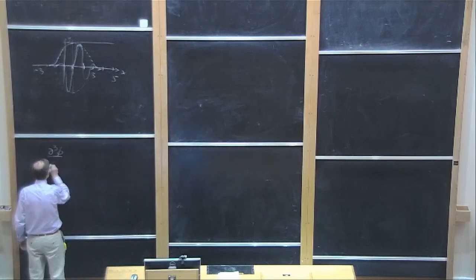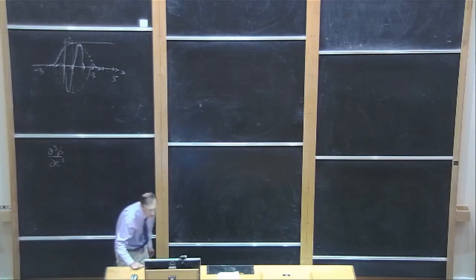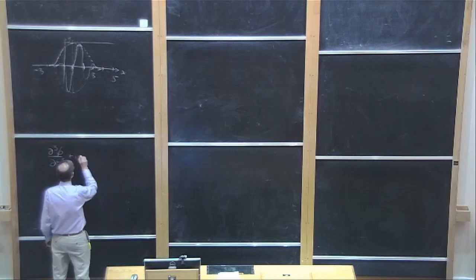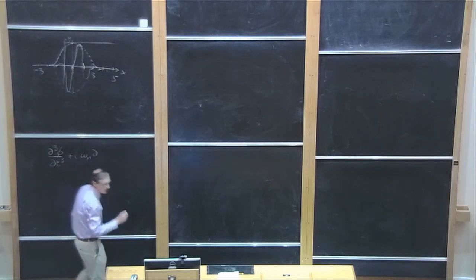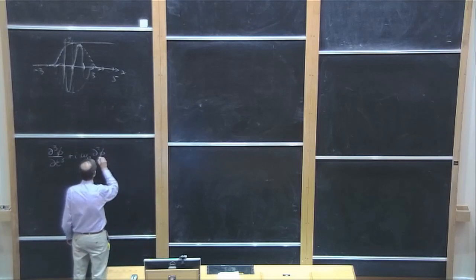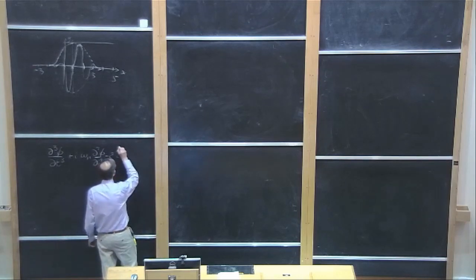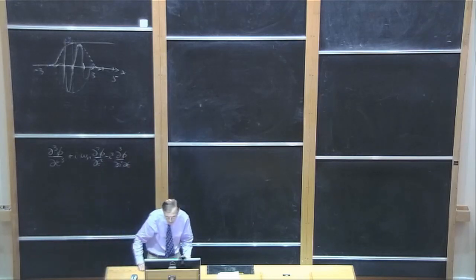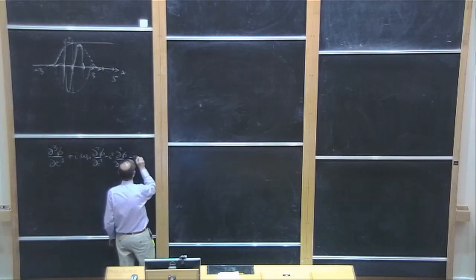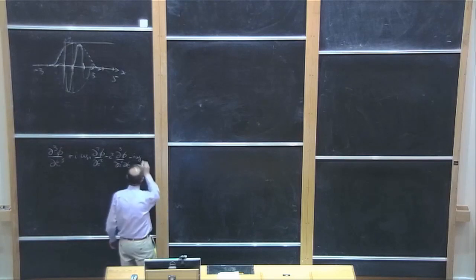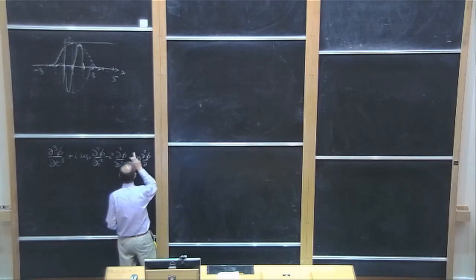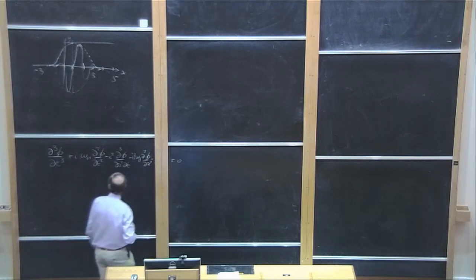d3 phi by dt cubed, and then plus i omega n d2 phi by dt squared, and then minus c squared d3 phi by dx squared dt, and minus i omega d, sorry, minus c squared i d2 phi by dx squared equals naught.